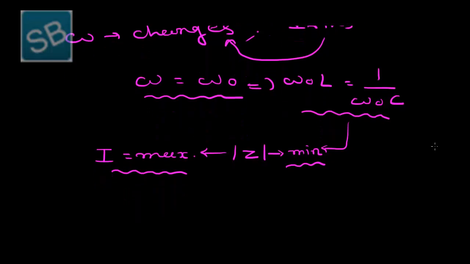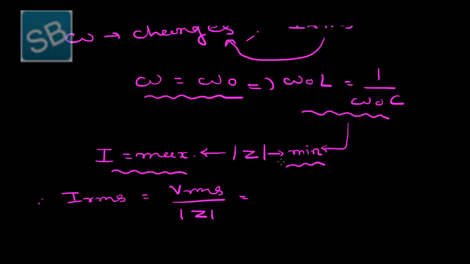Now I can write equation 3 in this form: IRMS is equal to Vrms, and the denominator is nothing but the magnitude of impedance, so it is equal to Vrms upon mod Z. But here we have assumed that the value of mod Z is minimum. So what does it mean that there is a minimum value of impedance?